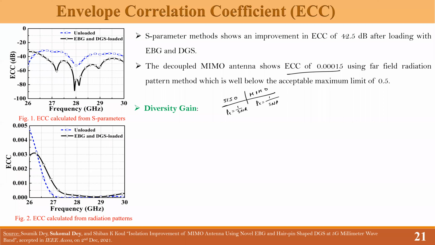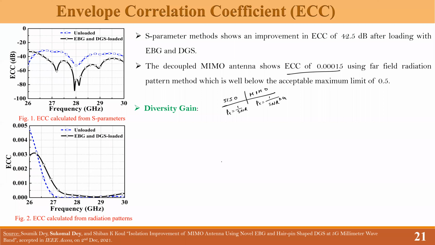So you are drastically reducing the probability of error in the case of MIMO communications. You should get very good values of DG, the diversity gain. The diversity gain gives an idea about the reliability of MIMO communications. In the beginning, we said MIMO gives good reliability. Why? This is the reason.